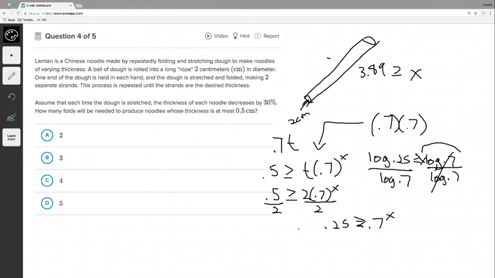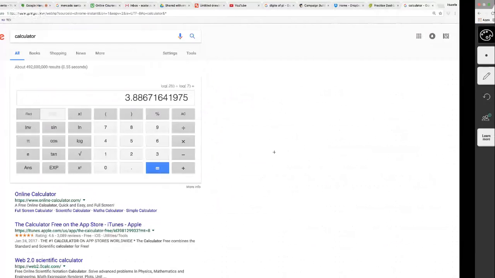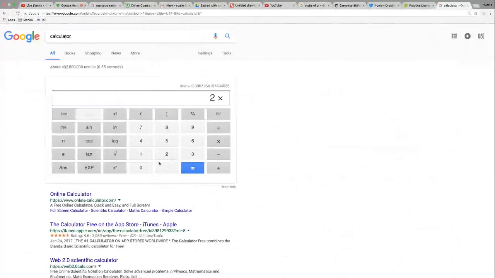I'm trying to figure out if it's either 3 or 4. My gut is telling me it's 4, so let's check this out. I'm going to take my first equation and just check it. We're starting with 2 inches. So it's 2 times 0.7 times 0.7 times 0.7, that's 3 times, and then times 0.7 again.